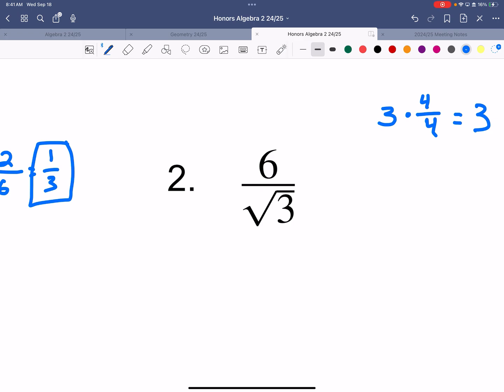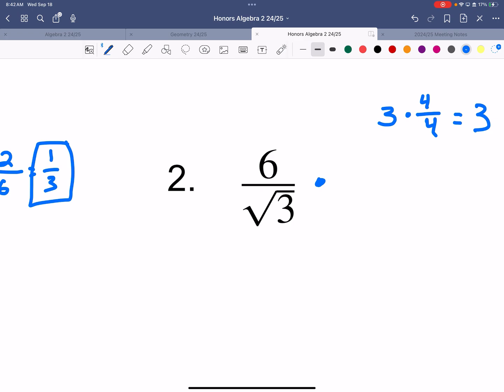Okay, so let's now think about this one here. I have to get rid of the radical in the denominator, but I need to multiply it by something that's equivalent to 1. Anybody have any ideas? What could I multiply it by that would get rid of the radical in the denominator that is equivalent to 1? 6 over 6? 6 over 6 is equivalent to 1, right?